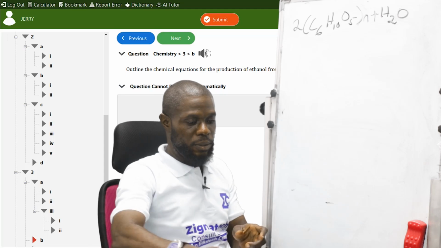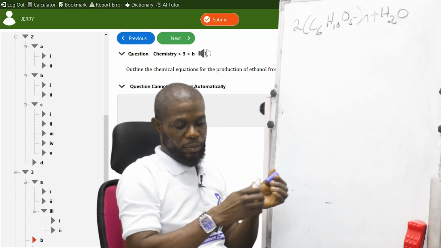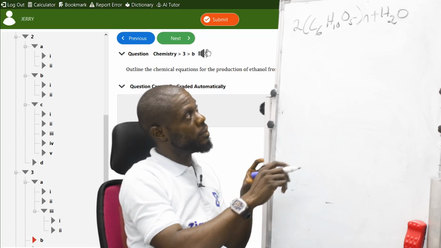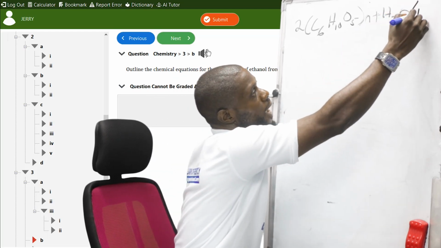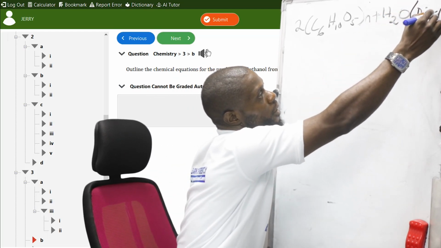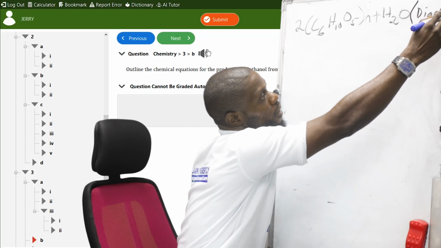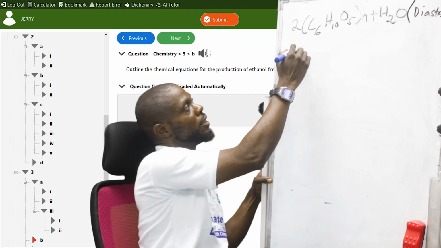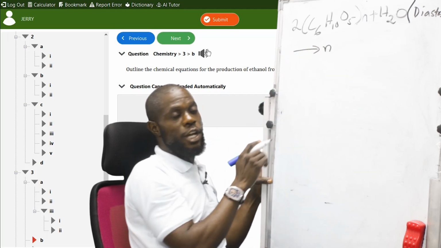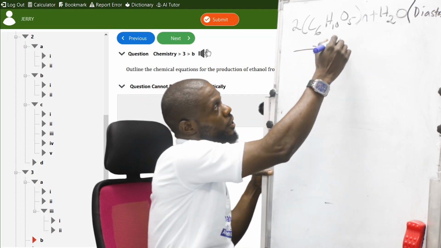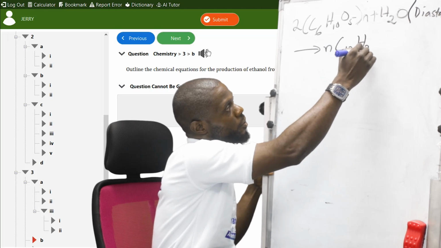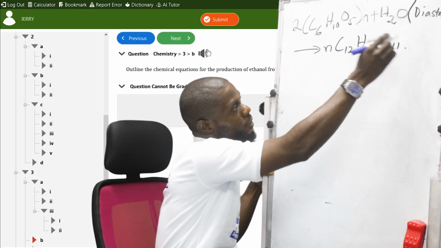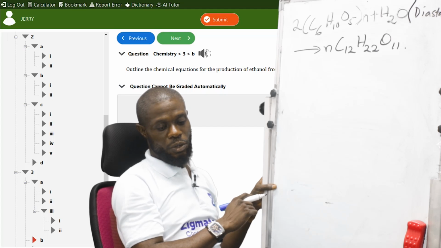Let me change the marker. So this is diastase. All right? That is diastase. Now it will give you the number of moles C12H22O11. This is the first structure.